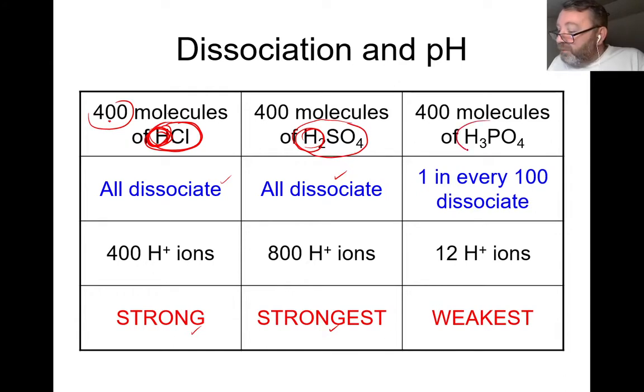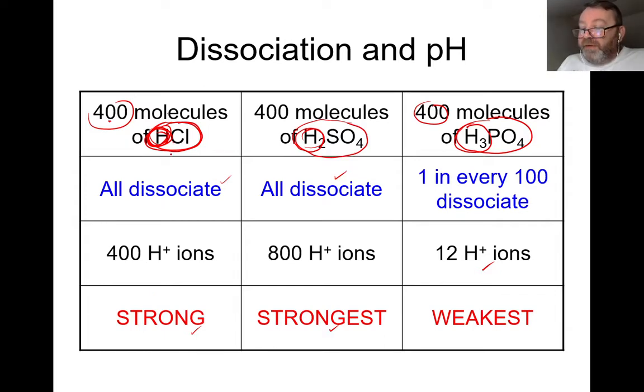H3PO4 contains 3 hydrogens, so those 4 molecules will give their 3 hydrogens, giving you 12 H pluses, which is very, very weak when compared to the other 2. All right, so let's go through that again.